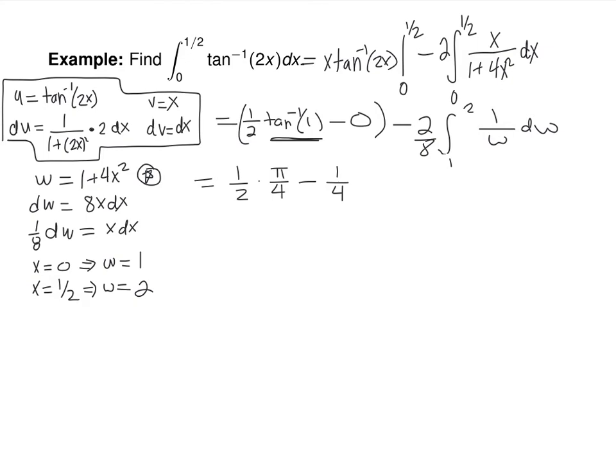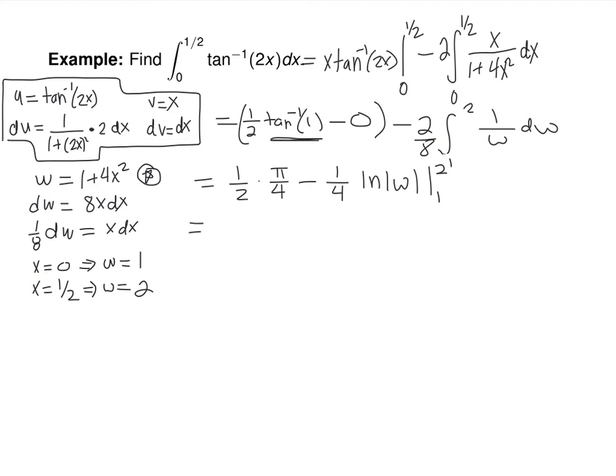So minus 1/4, the antiderivative of 1 over w is ln of absolute value w, evaluated from 1 to 2. Because you changed your bounds, there's no reason to go back to x's. You said the area underneath x over 1 plus 4x squared from 0 to 1/2 is the same as the area from 1 to 2 of 1 over w. So no need to go back.